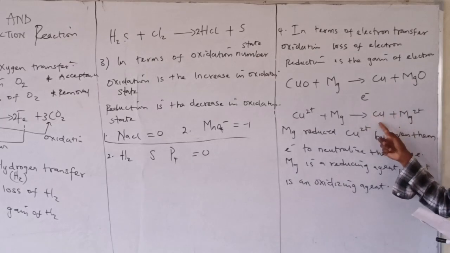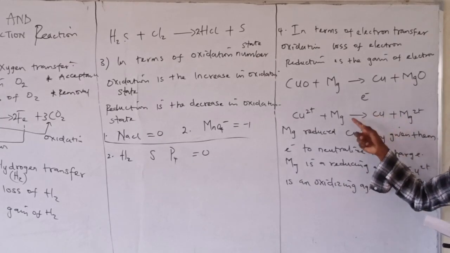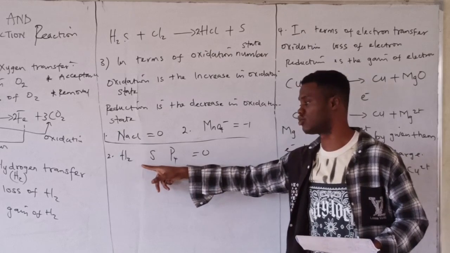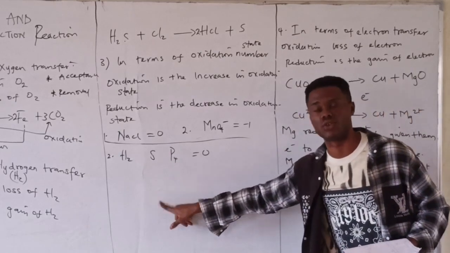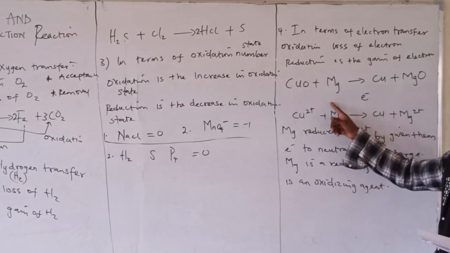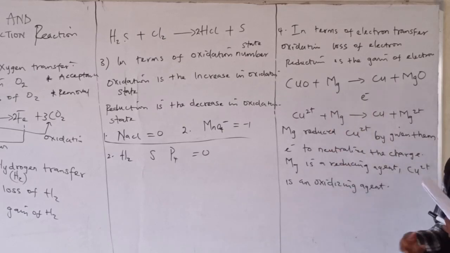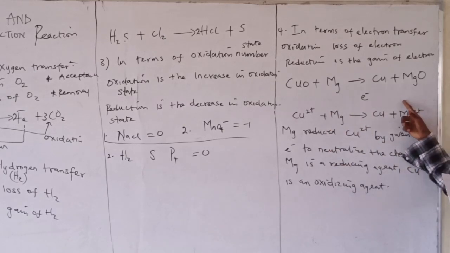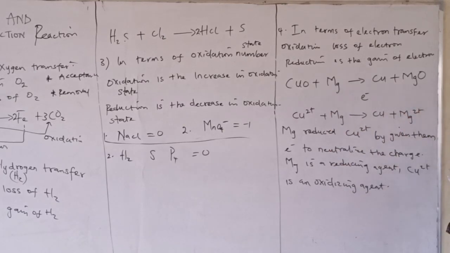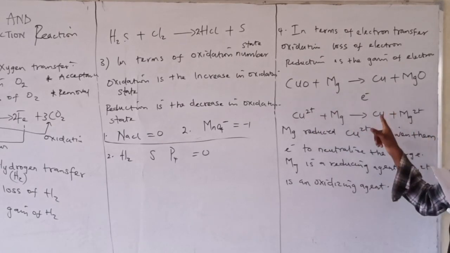But looking at this side, the oxidation state of copper here is 0, because I told you any atom of an element on its own without reacting is 0. So the oxidation state of magnesium here is 0, but the oxidation state of magnesium here is 2, which means that magnesium oxidized and copper reduced.